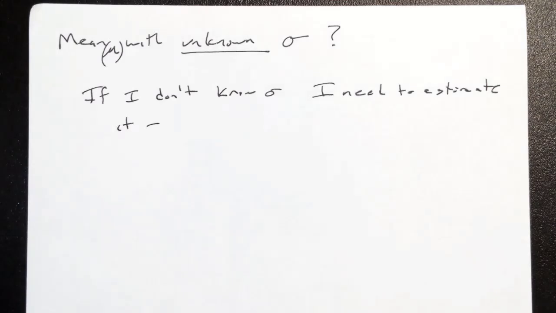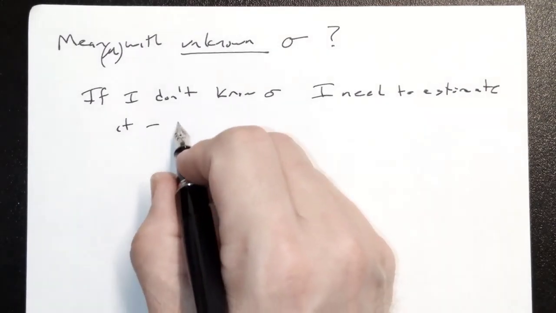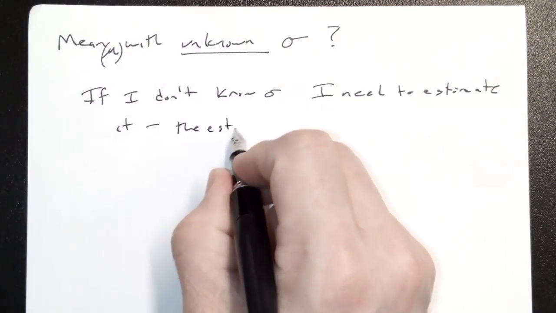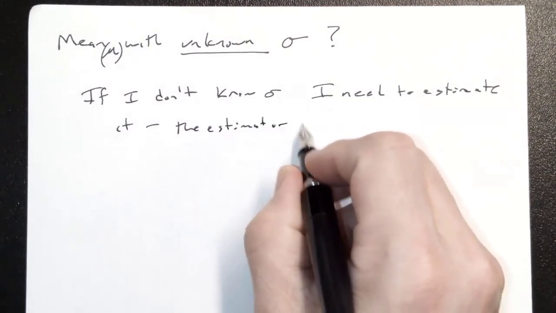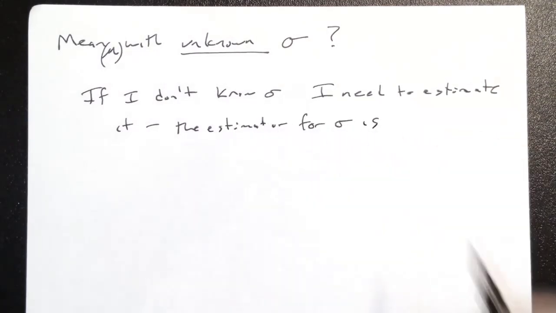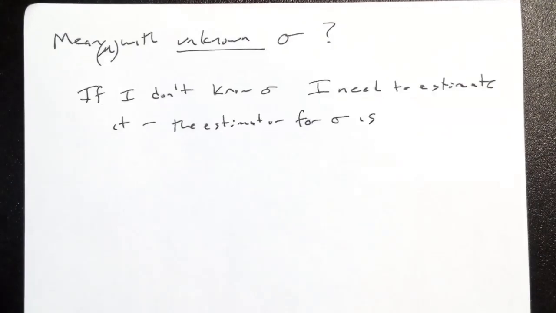We have an estimator for standard deviation. What do we use to estimate sigma? Sigma is our population standard deviation.